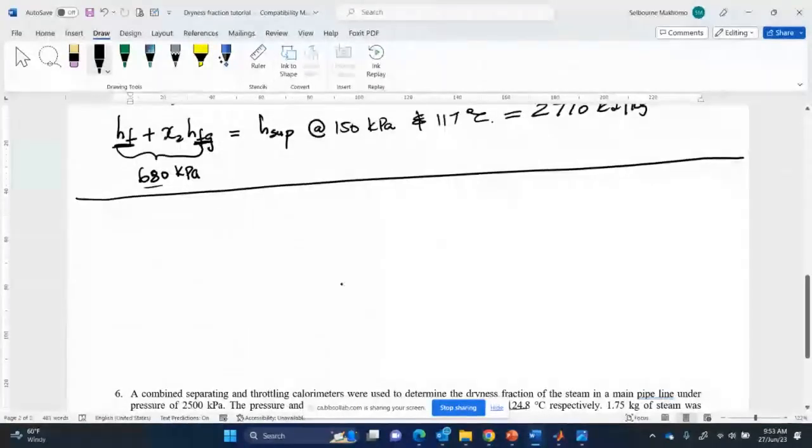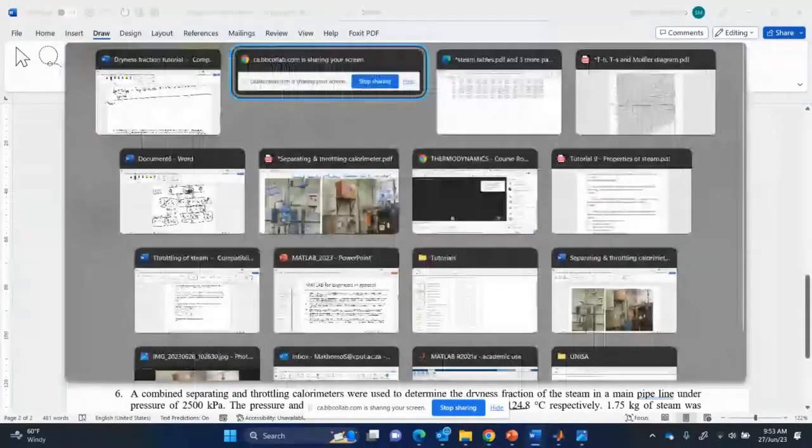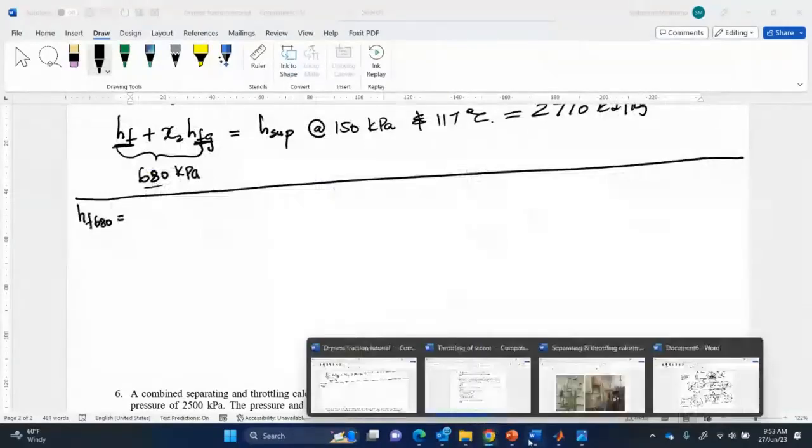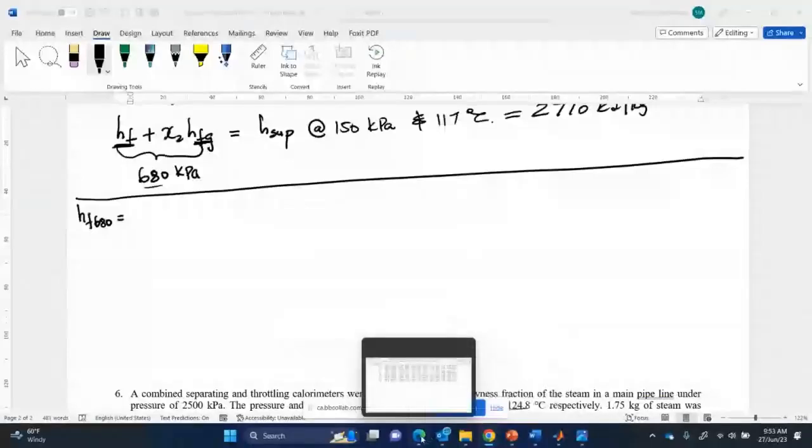We say that HF at 680 is going to be, I think what you need to do is take these values and write them down so that you don't go up and down, to save time. Let's write the following values down.